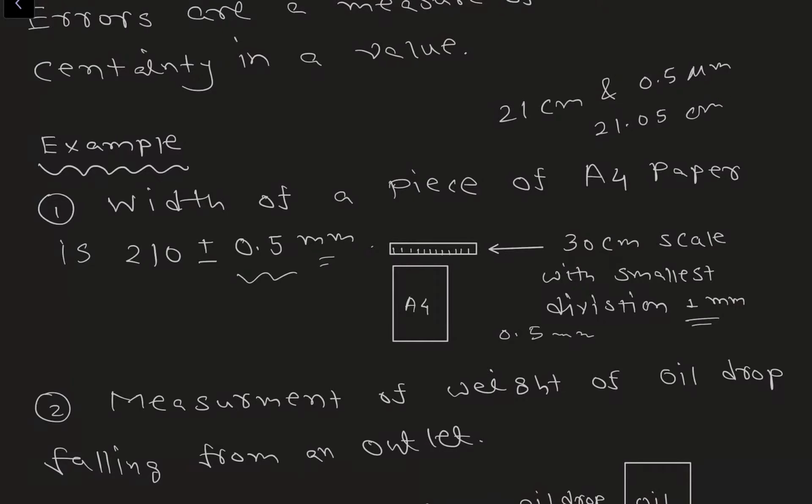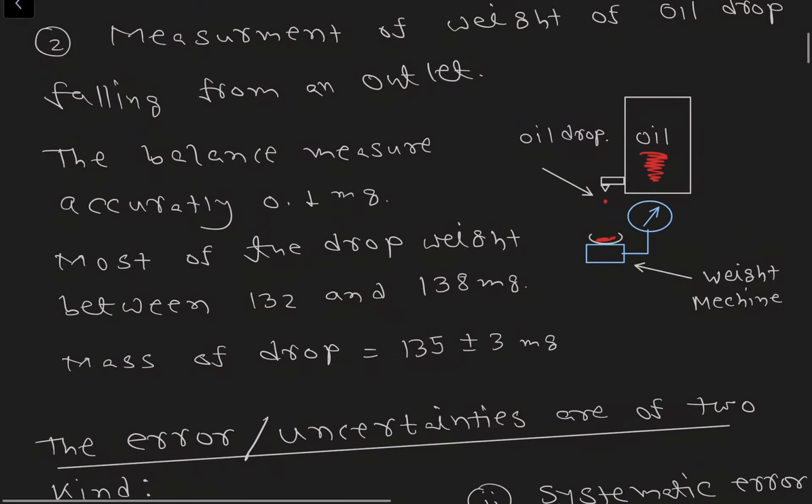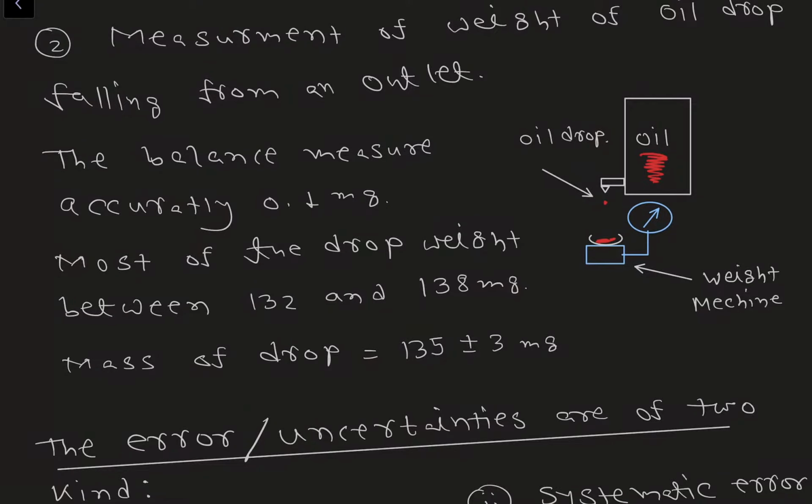That means up to 0.5 millimeter we can accurately measure the width of the paper. So this is an example of error. This is called instrumental error. We are going to discuss it in great detail in a few moments.